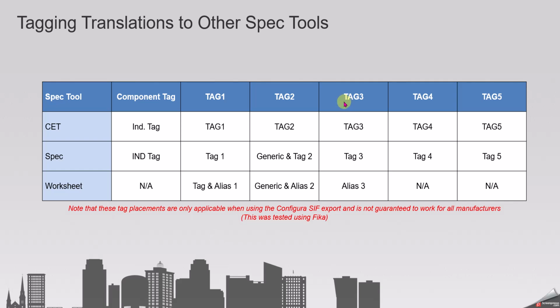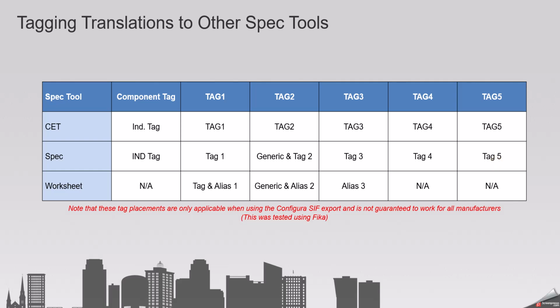Now tag 2 will do very similar, except as any of you who work with Worksheet know that Worksheet only has 1 tag column. So for tag 2, it will load into the generic as well as the alias 2 column. And then tag 3 into the tag 3 and alias 3 columns respectively. Now with the new additions of tag 4 and tag 5, those do not export, or import rather, into CAP.